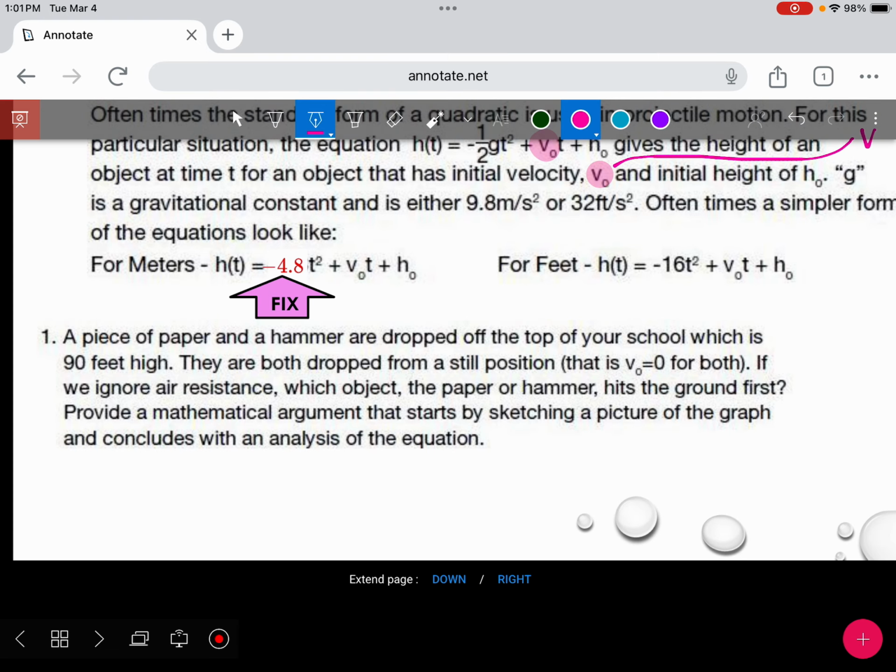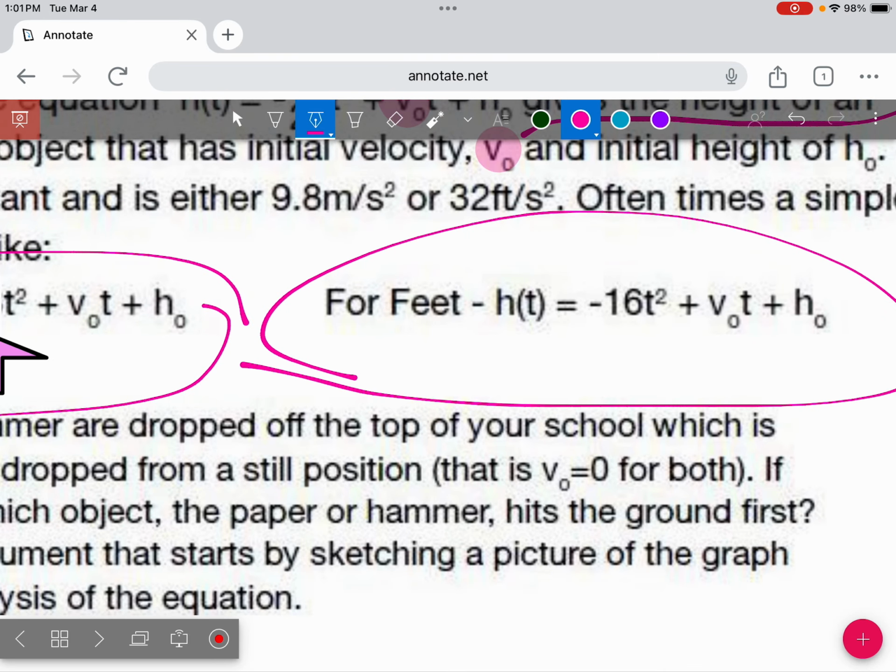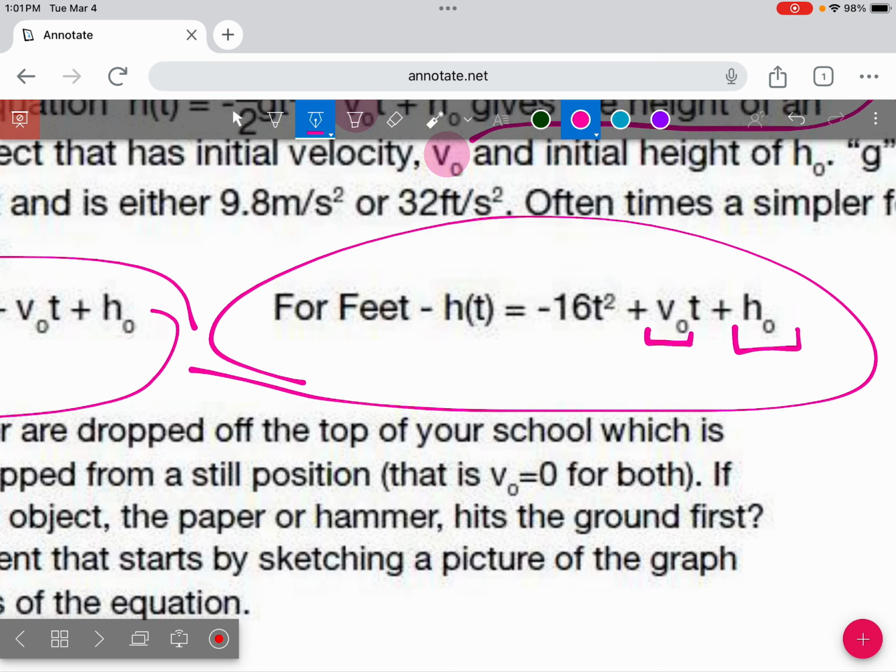So what we're really looking at here is that these equations are our gravity equations with a couple of variables. This is going to tell us about our height. This is how gravity applies. This is the speed at launch, and this is the height at launch. So it's our y-intercept, it's our starting position, it's where we start.